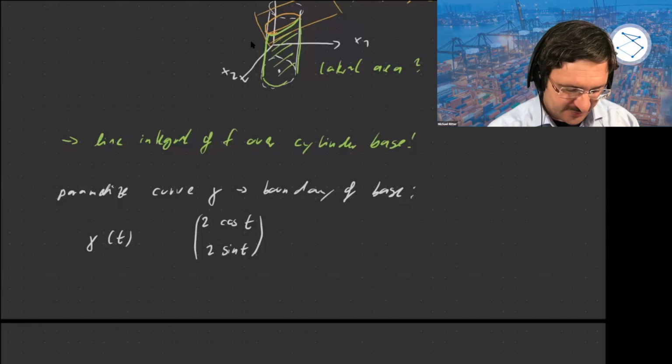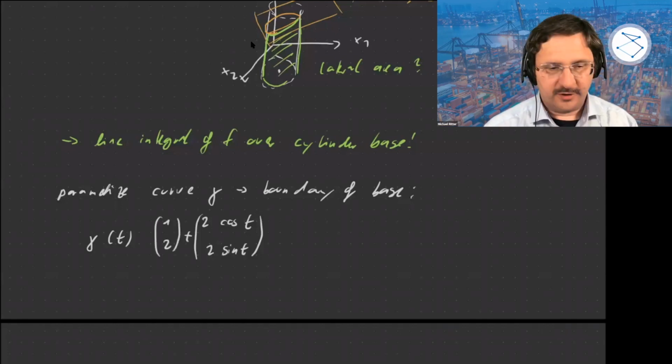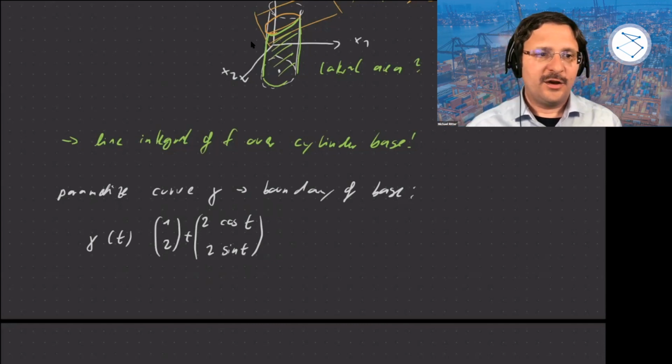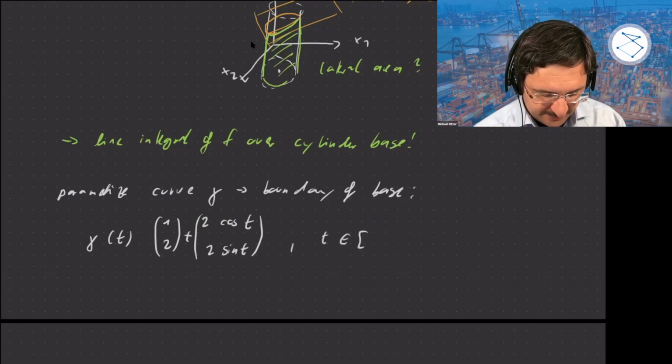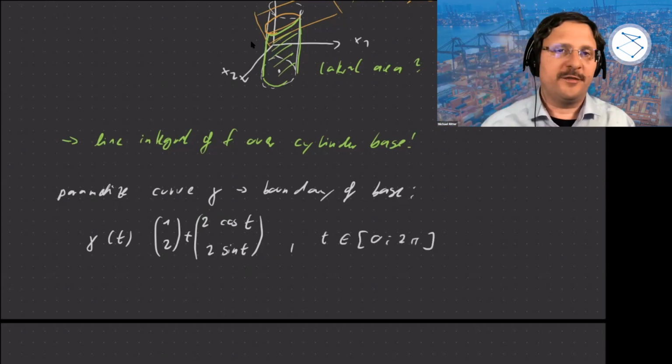And we can simply achieve this by adding the point 1, 2 to all of that. So that is a circle around 1, 2 of radius 2. And of course, the parameter space t would then be from 0 to 2 pi. We need one full rotation of that circle.